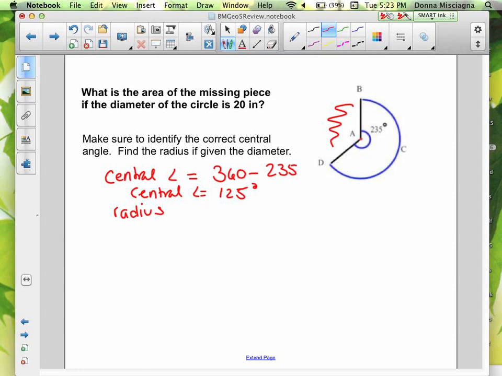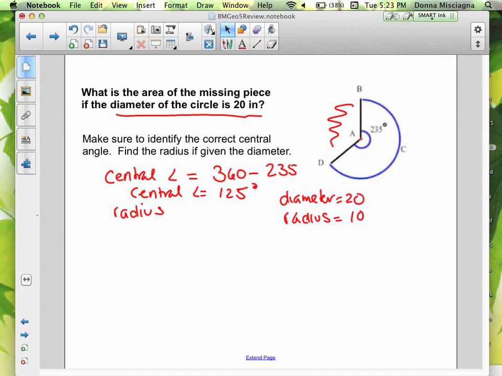So we're given that the diameter is 20. So if the diameter is 20, the radius is just half that. Okay, so make sure you identify your central angle and your radius accurately, and you should have no trouble with these. So now let's find the area.